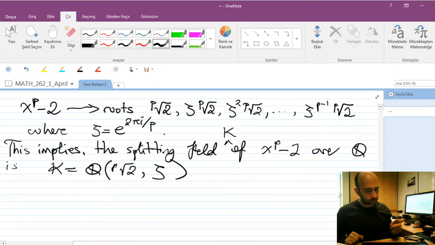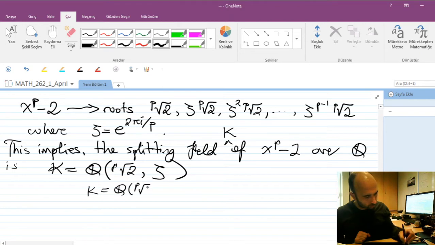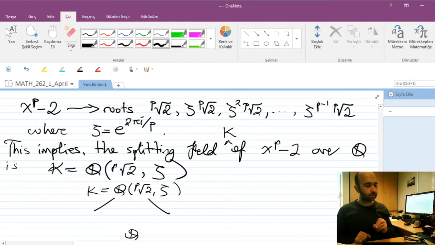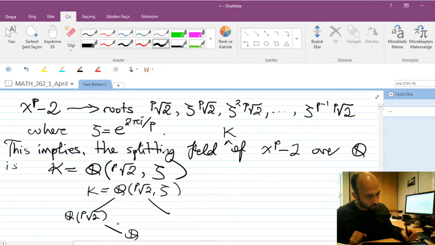Now, how about its degree over Q? This is something we talked about before at some point. Now, let's look at the following subfields. You have Q(p-th root of 2), and you have Q(zeta).